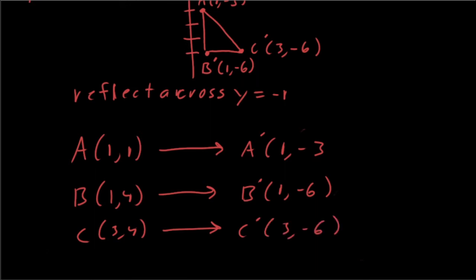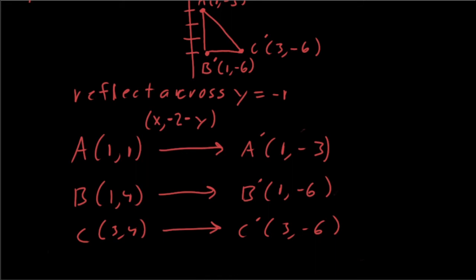Obviously the x's stay the same, so we need a minus y. I don't think just minus y is going to cut it here. Now we have to figure out the constant. What minus 1 gives me negative 3? Well, negative 2, right? Let's see if that works for the other ones. Negative 2 minus 4 gives me negative 6. So this is our rule: x comma negative 2 minus y.